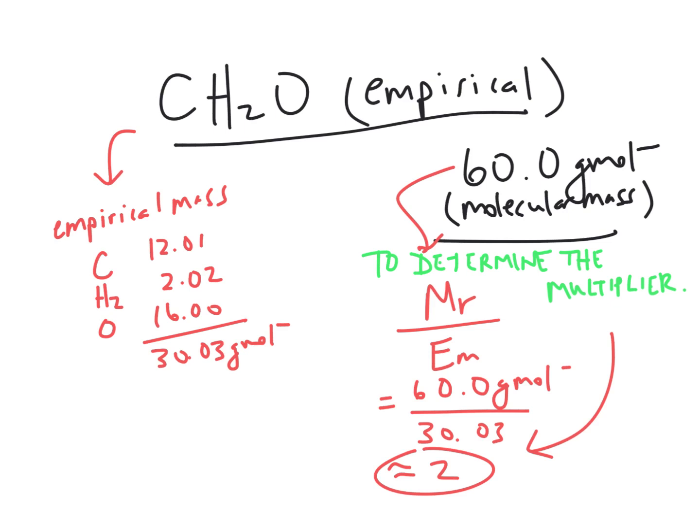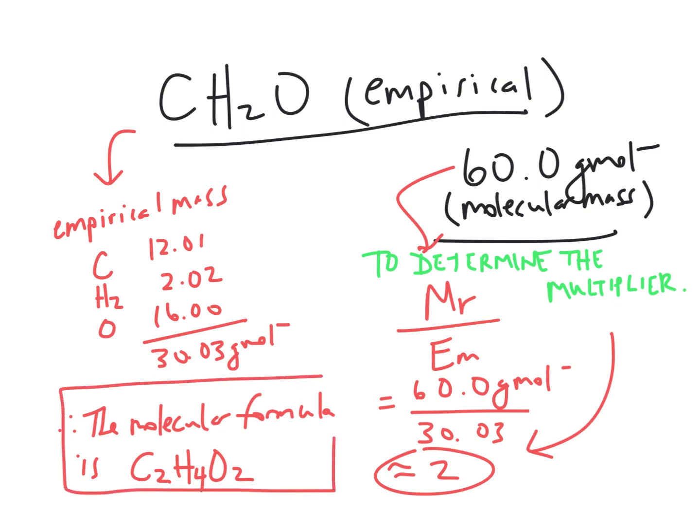It means you have to multiply the whole empirical formula by 2. So the molecular formula at the end of the day is C2H4O2. That should be the final molecular formula.